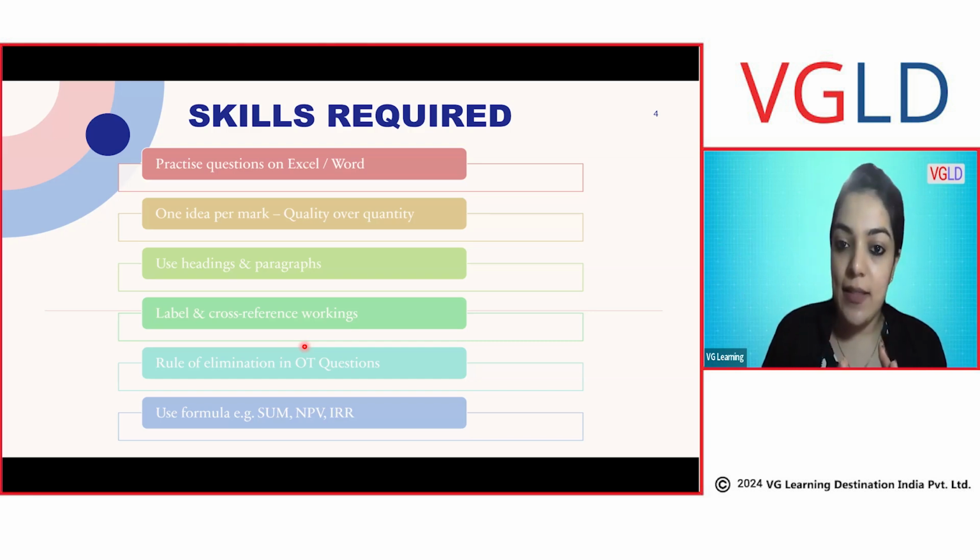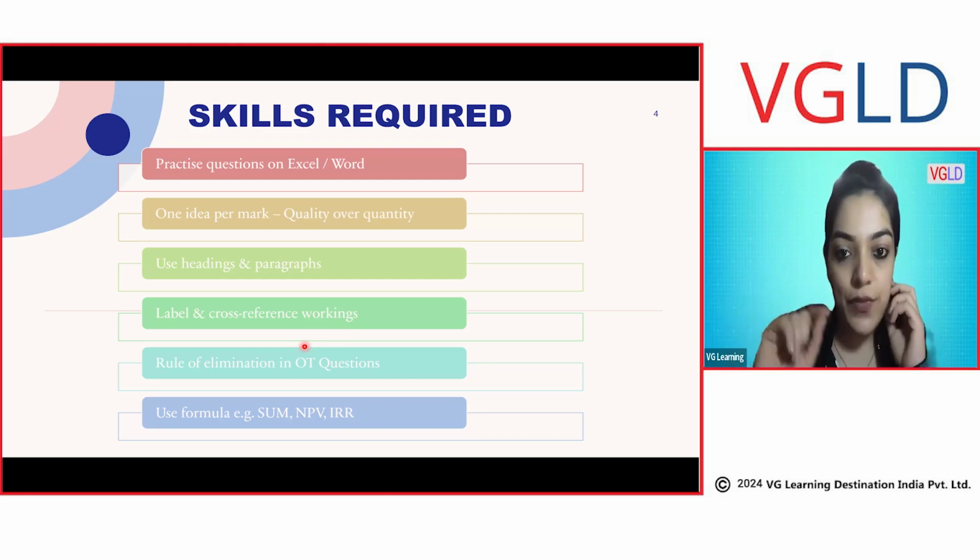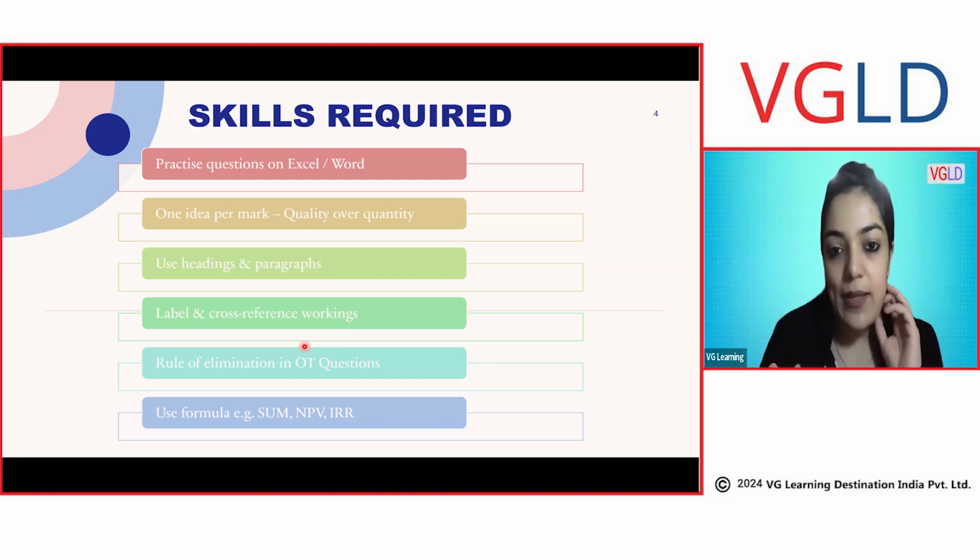So in that case, you are going to follow the rule of elimination. And how to follow it? Let's say a particular question has 4 options, A, B, C, D. You read each of the options and you're not able to arrive at one right answer.